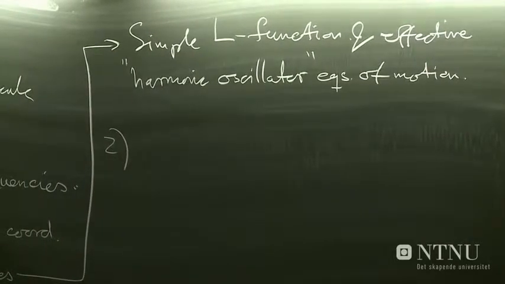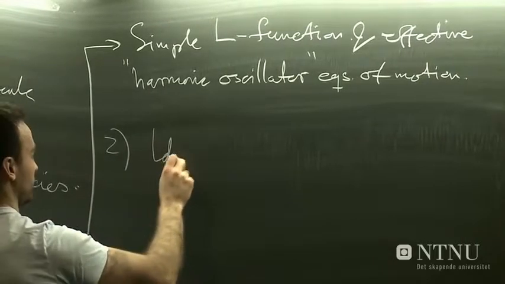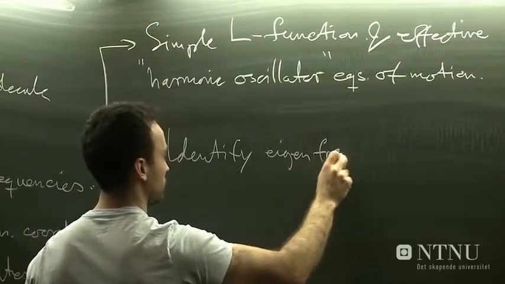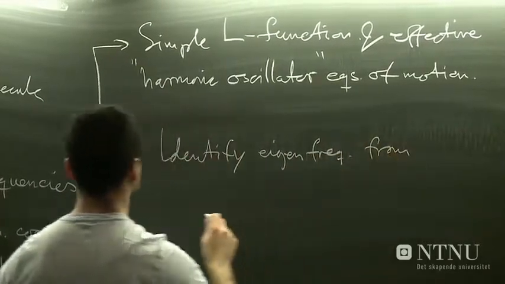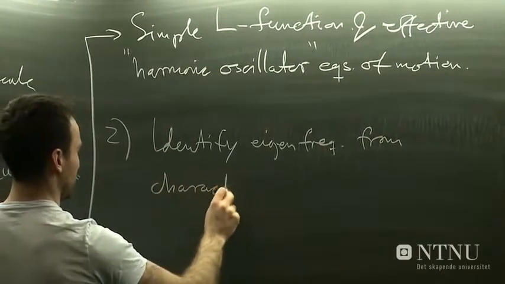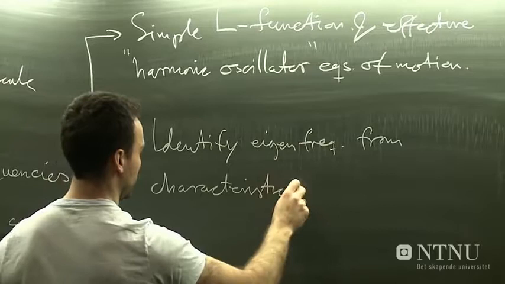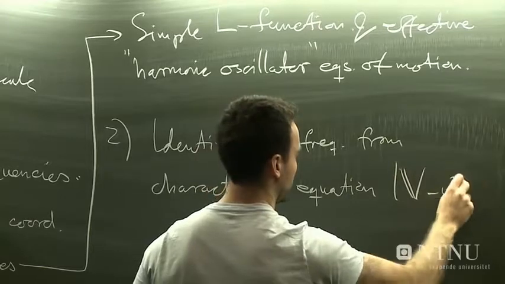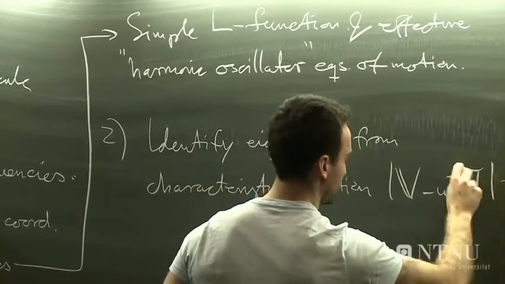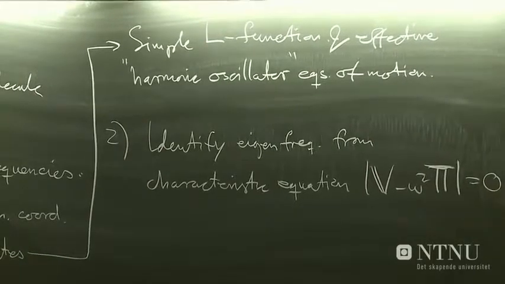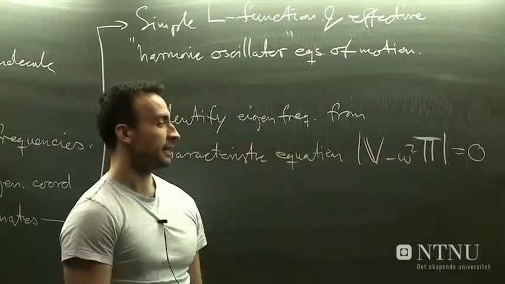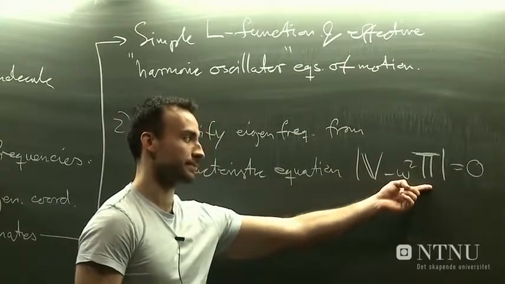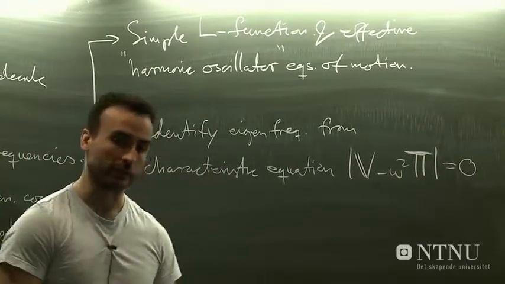The other way is to solve this characteristic equation, this determinant, knowing then the potential energy matrix and the kinetic energy matrix, from which we could also obtain the eigenfrequencies if we would like.